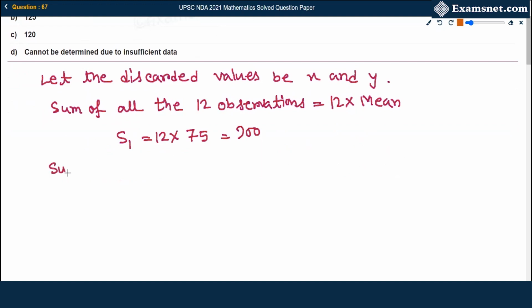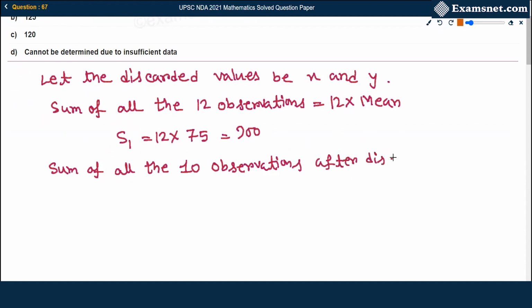Next, the sum of all the 10 observations after discarding is 10 multiplied by the new mean, right?